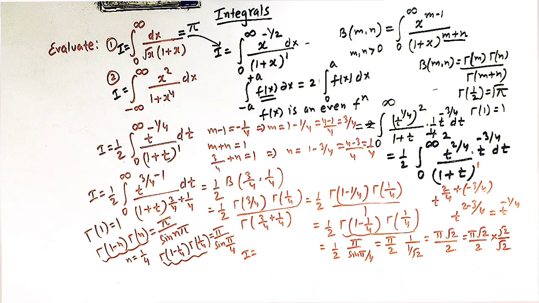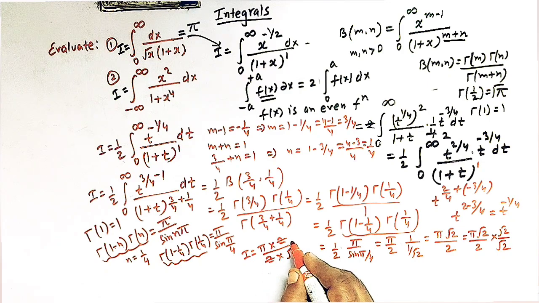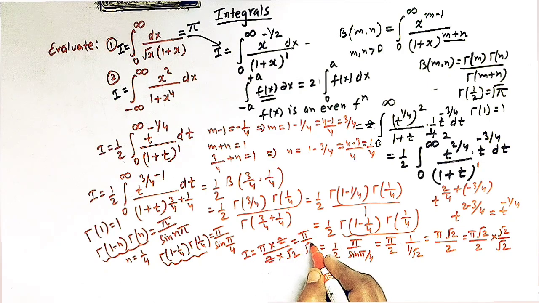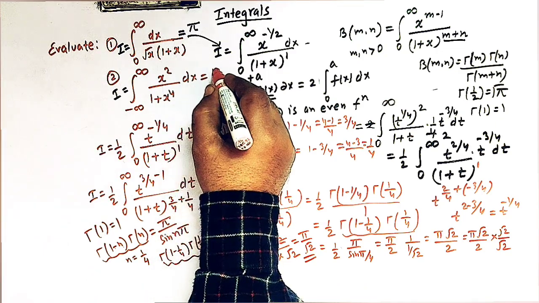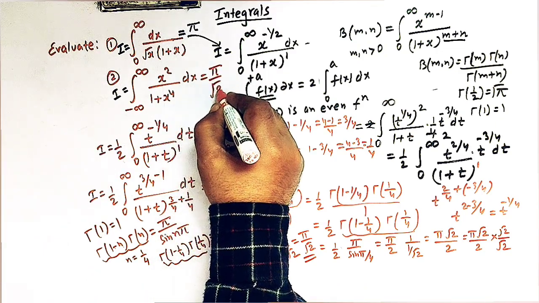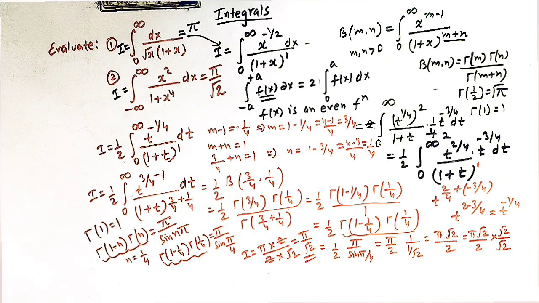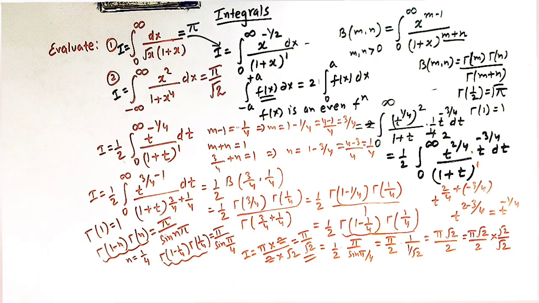So the value of I is now equal to pi times root 2 times root 2 is 2, and here we have 2, and here we have root 2. So 2 and 2 get cancelled, so we are left with pi over square root of 2. So viewers, the value of this integral is equal to pi over square root of 2. So this is how, by the application of beta and gamma functions, we can easily evaluate these kinds of integrals.